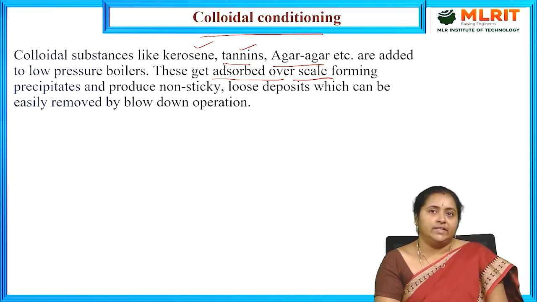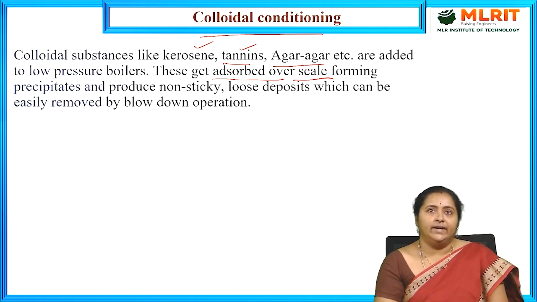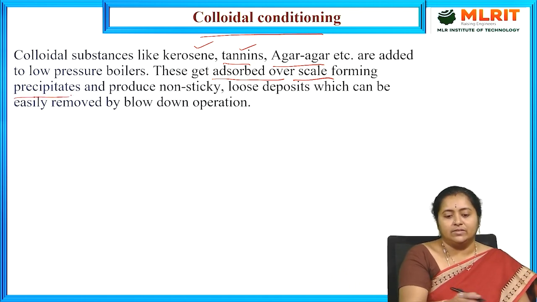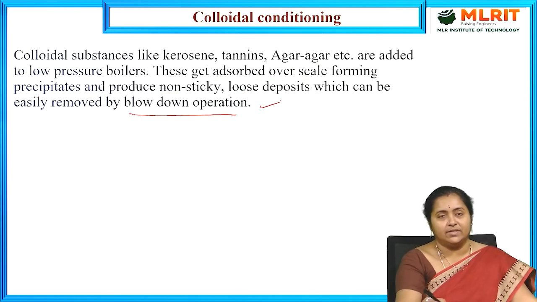If any scale is present on the inner side walls, then when any one of these three colloidal substances is added in proper proportions, it gets absorbed as a layer on the scale. After some time, it converts into a non-sticky precipitate or sludge, or a loose deposit, which can be easily removed by adopting blow-down operation. So what do you mean by blow-down operation? We discussed that in the previous classes also.